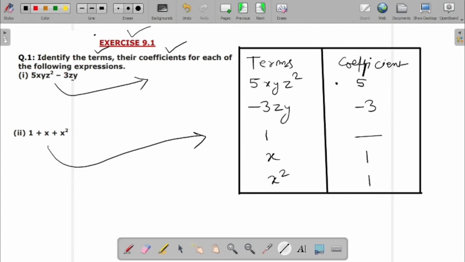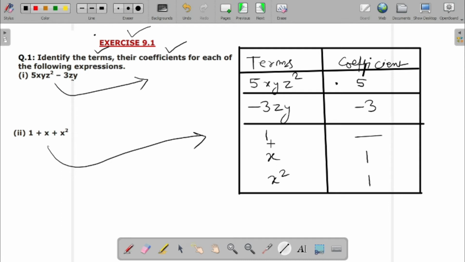You can write it in the form of a table also. Here you can see the terms and coefficients separately. So this is about question number 1.